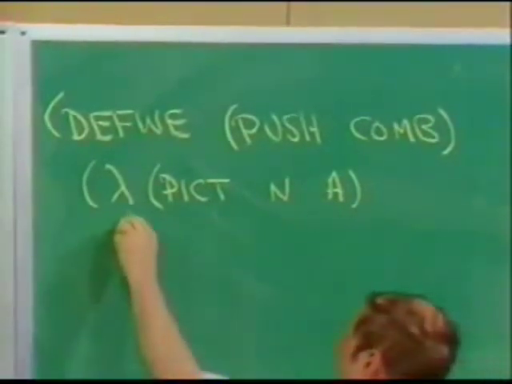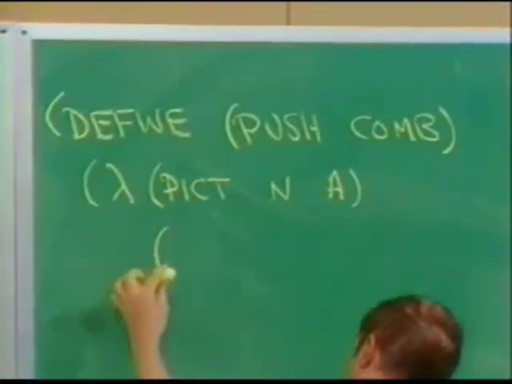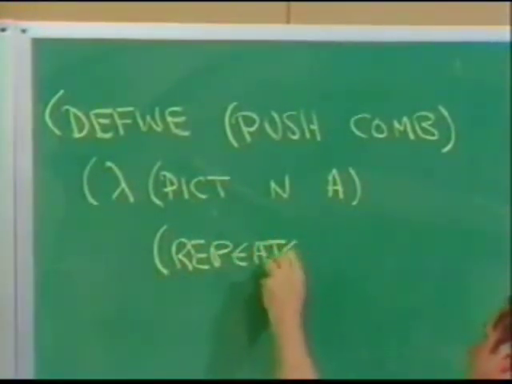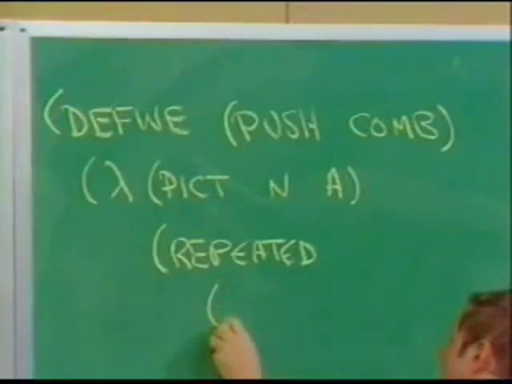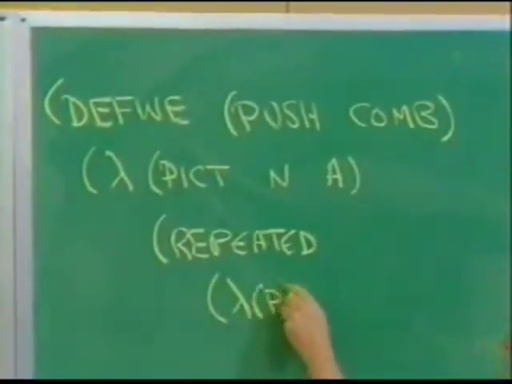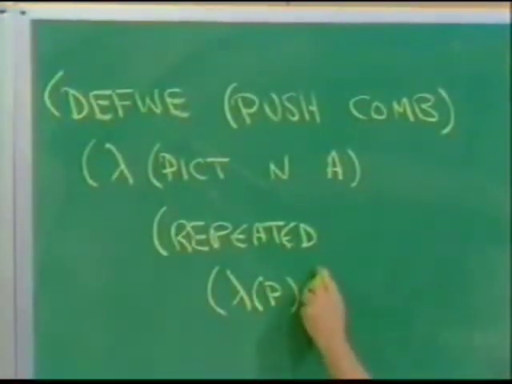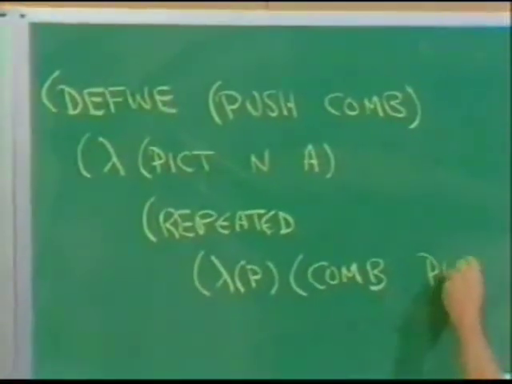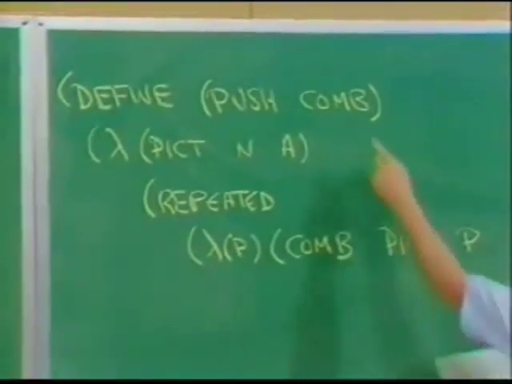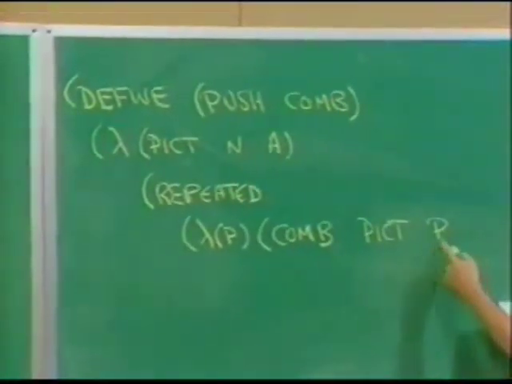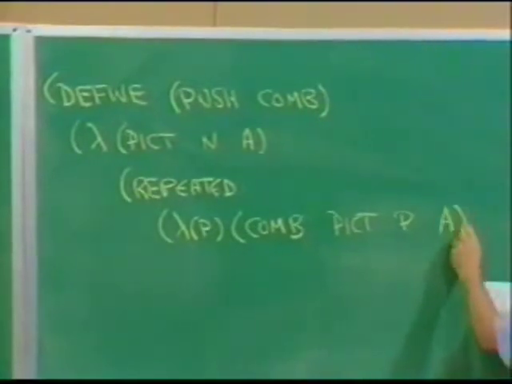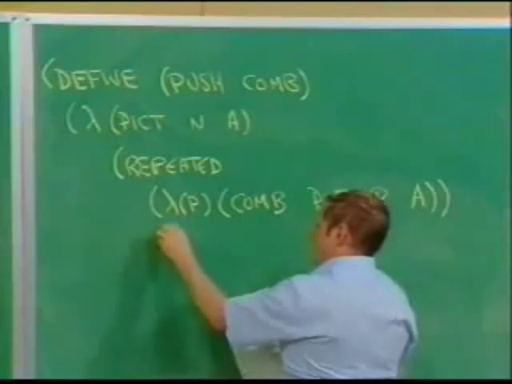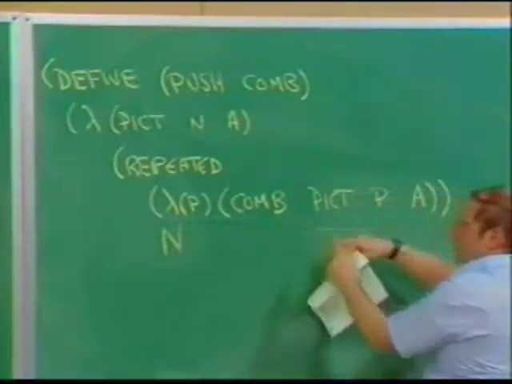And it's going to say, I'm going to do some repeated operation. I'm going to repeatedly apply the procedure which takes a picture and applies the means of combination to the picture and the original picture and the scale factor. And I do the thing which repeats this procedure n times.